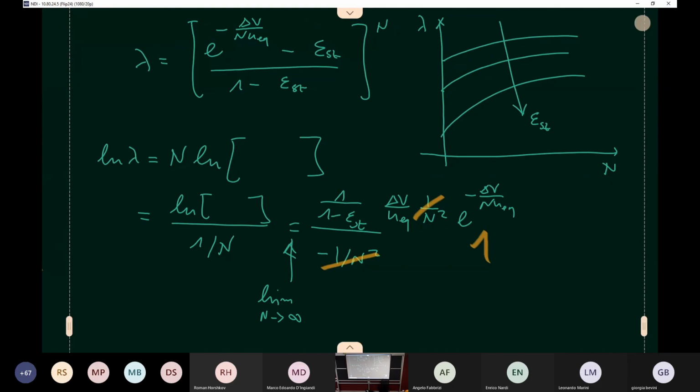And so we find that our logarithm of lambda for n that goes to infinity is 1 minus... there is a minus in front, is this one. And so we have found the limiting condition, which is the following.